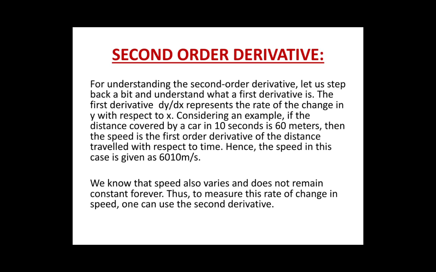Hence the speed in this case is given as 60/10, that is 6 meters per second. We know that speed also varies and does not remain constant forever. Thus, to measure this rate of change in speed, one can use the second derivative. That is an example of second order derivative.